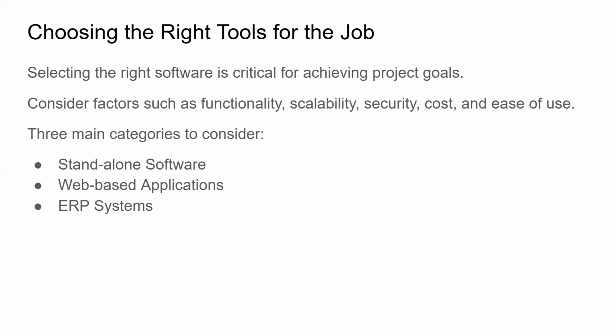Here we will discuss application software. Then I would like to discuss application software under three main categories: standalone software, web-based applications, or we can say web-based software, but normally we say web-based applications, right? And ERP systems.